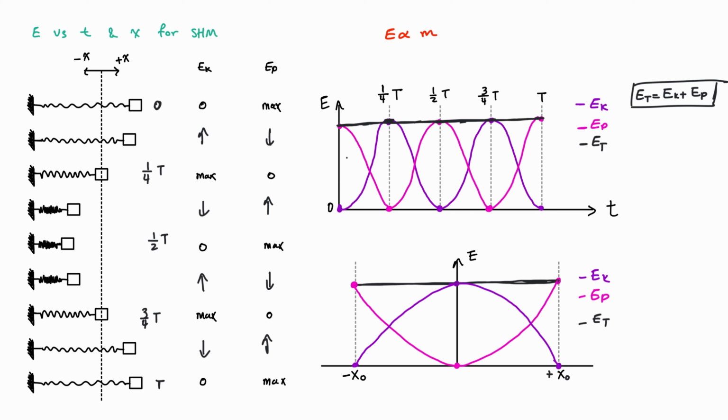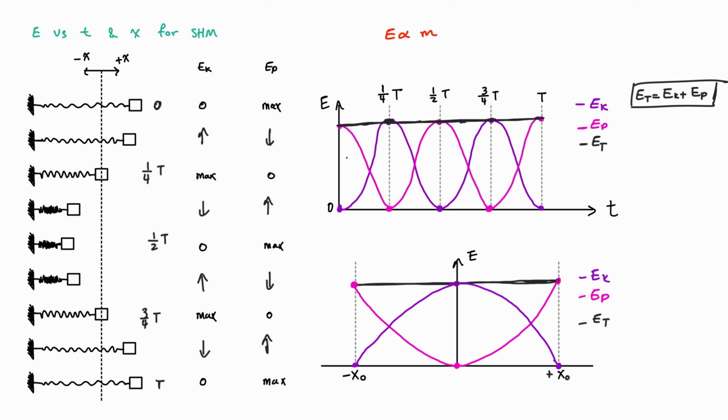If you're trying to provide energy to a simple harmonic motion, to move it with the same frequency or the same period and the same amplitude, if you increase the mass, you need more force. And therefore you need to put in more energy to move a heavier object back and forth.